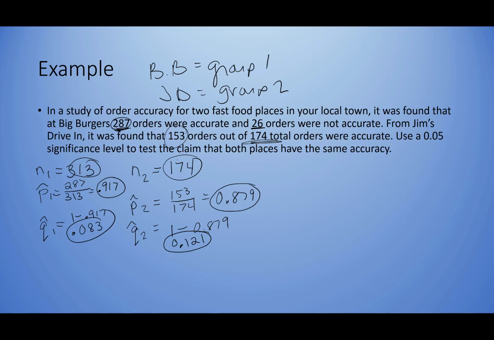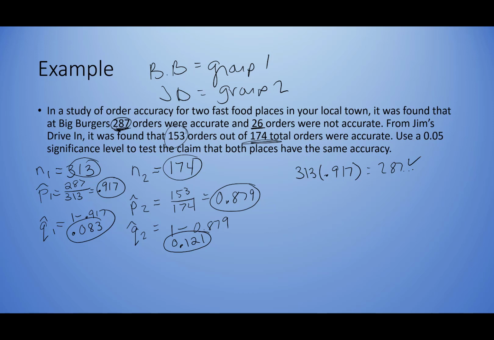So now back to that third requirement. It says that when I do n times p hat for each group, it needs to be larger than 5. So I'm going to do group 1 first, and my n is 313, my p hat 1 is 0.917, and when I multiply those two together, I end up getting 287 with a decimal, which is definitely larger than 5.